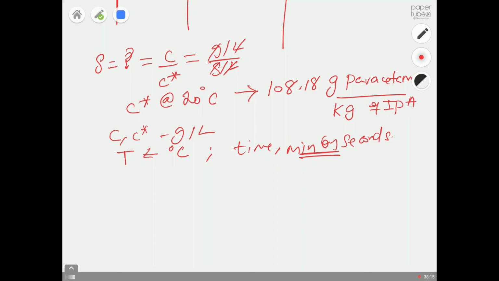So if you look at this one, you have a solubility concentration of 108.18 gram of paracetamol divided by kg of IPA. So we need to convert this into grams per liter. How to do that?